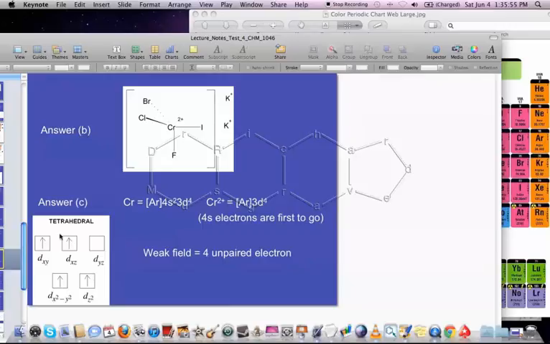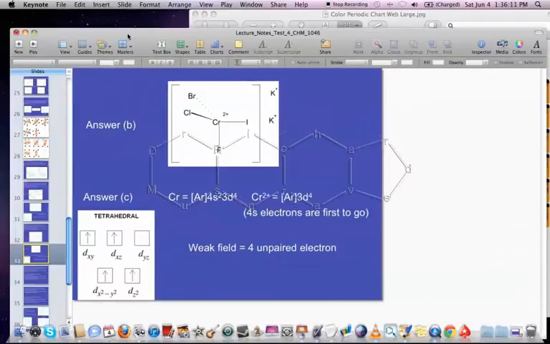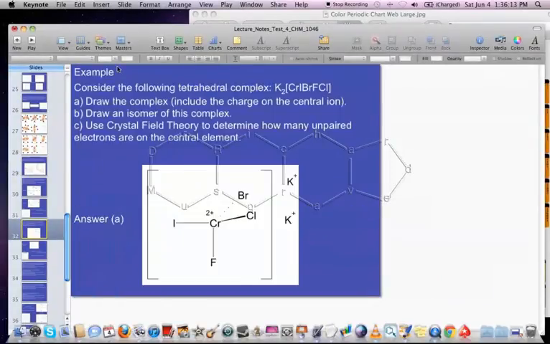And when we put these in, we have to first of all recognize it's going to be tetrahedral, and tetrahedral has this arrangement where we've got the dx squared minus y squared and dz squared down the bottom, and these 3 along the top. We also have to look at whether or not this is going to be a strong or a weak field situation.